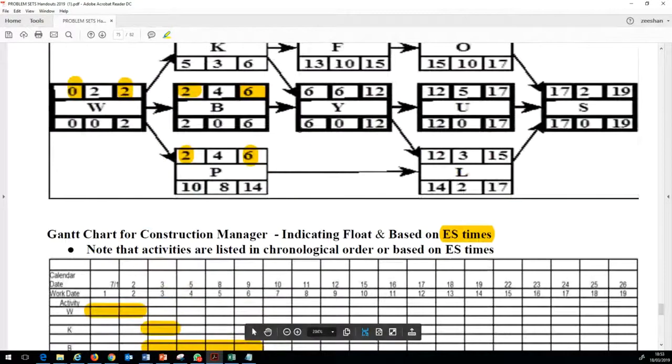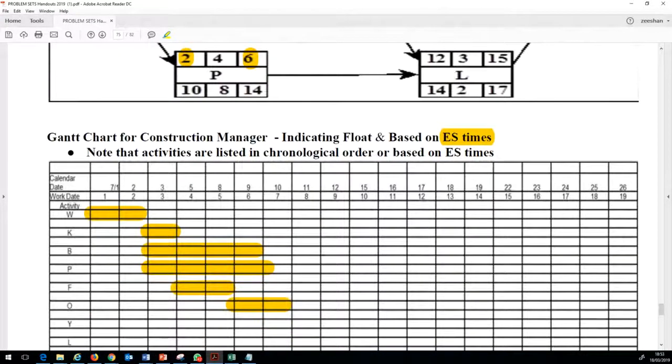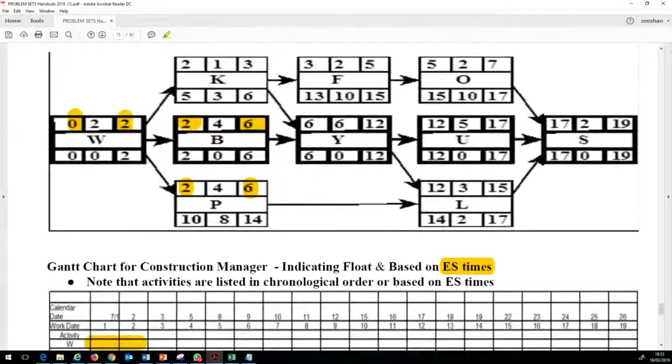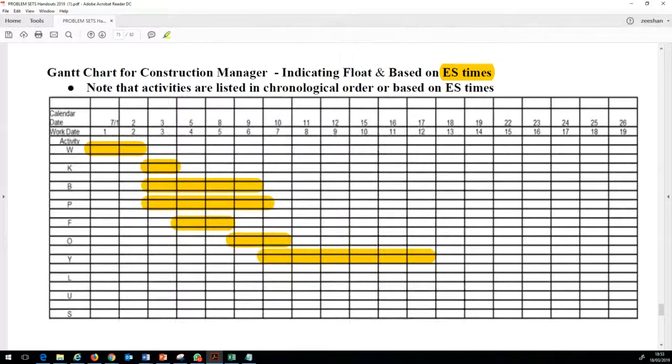And then activity Y, which you can see is starting after month 6, so basically after activity B, and it goes on till 12. So B is finishing here and Y would be starting at this point, and it goes right till 12.